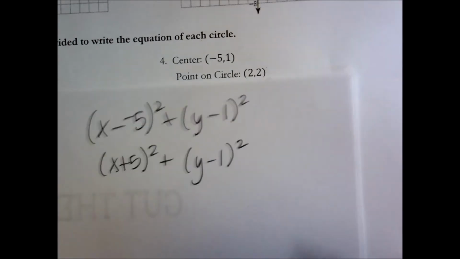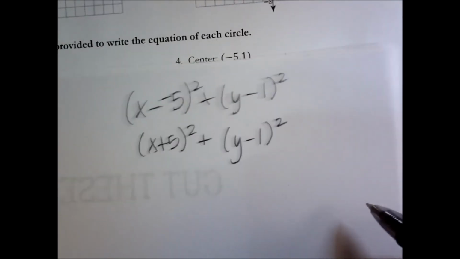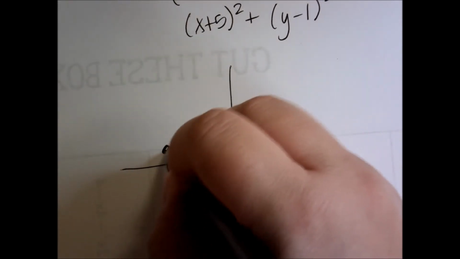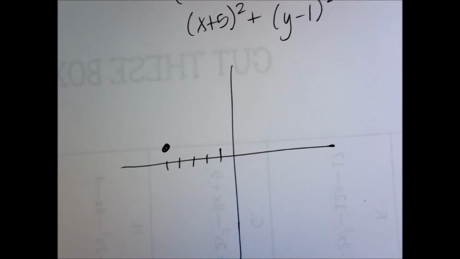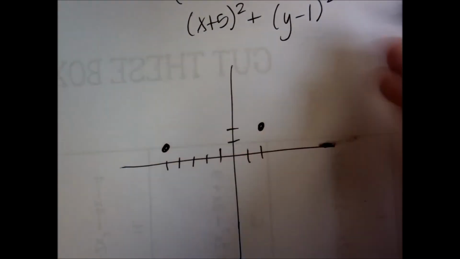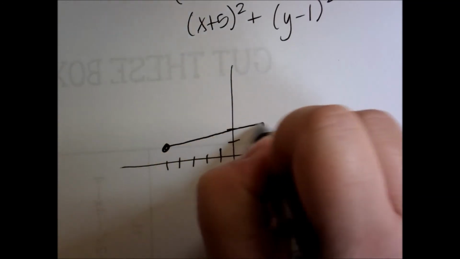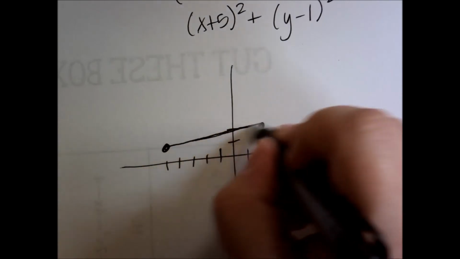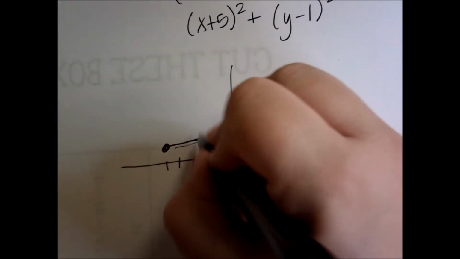So let's look at what's happening here. If I know that I have a center of (-5, 1), and a point on my circle is (2, 2), then the radius is the distance between them. And that's not the most accurate graph, but the distance between them is my radius, and that's what I need.